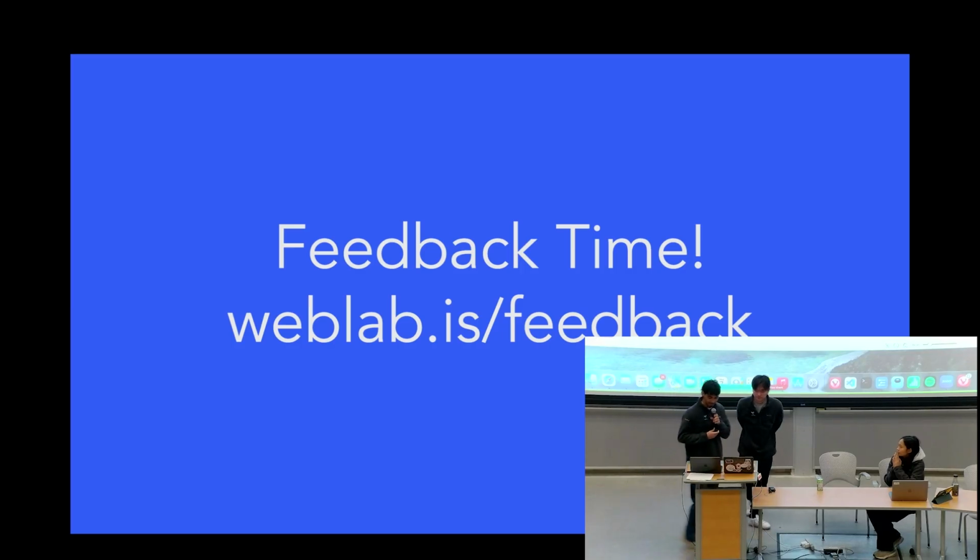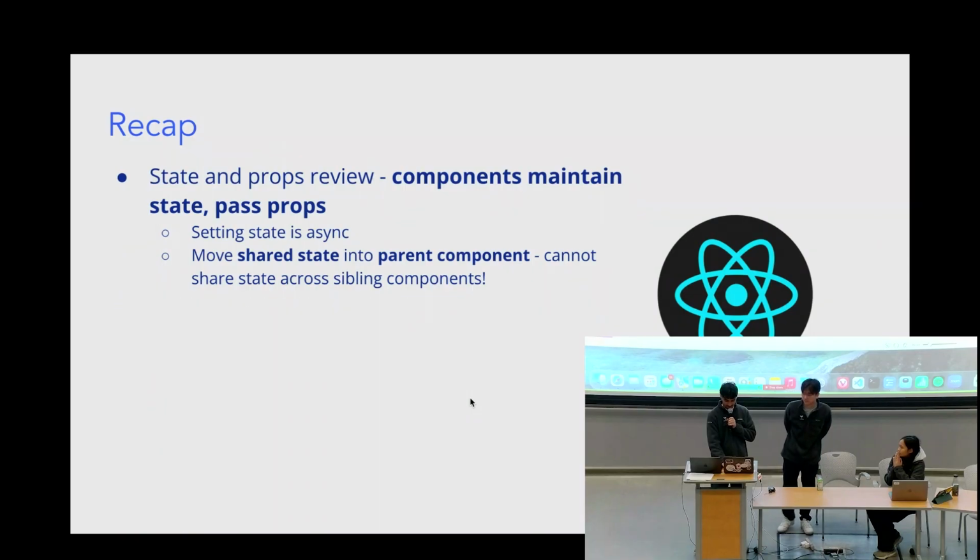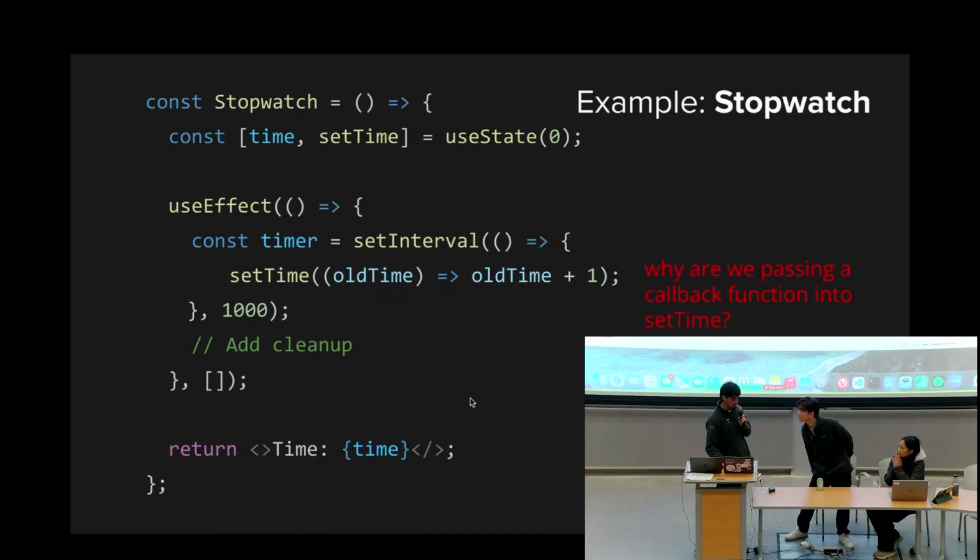All right, so I wanted to clarify one piece of syntax, because I'm not sure if it was covered: the functional setting inside of set time. So you know how usually we just pass the updated state into the set time setter function. This is another way that React works.